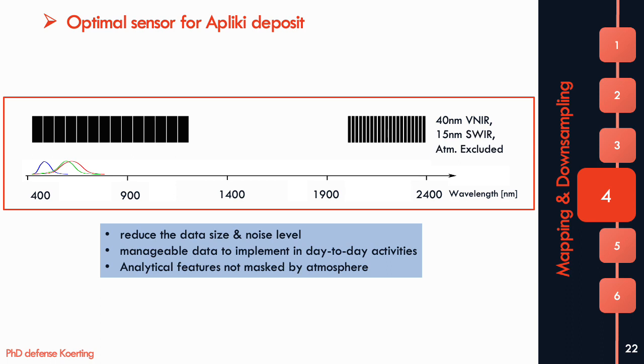Again, when we translate that into hardware, this means that the data size is reduced, the noise level will be reduced. We have data that is implementable into the day-to-day activities, and analytical features that would lie within this atmospheric impact window are not masked because we're excluding the whole area for our mapping. So we don't have false positives, for example.